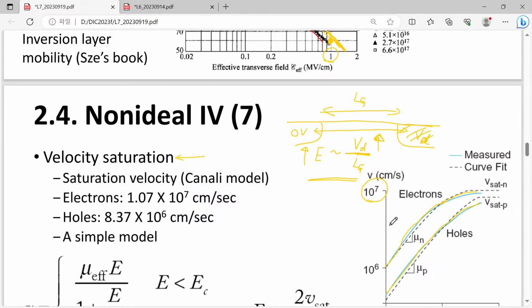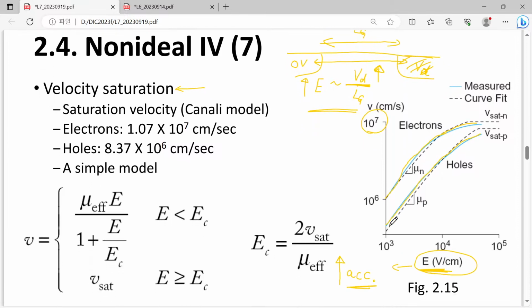Starting from this number, 10 to the 3, usually written as 1 kilovolt per centimeter, you have a certain value. Now let's think about this one. Now you are moving to a 10 times higher electric field, 10 kilovolt per centimeter. Please estimate what will happen to your electron's speed.